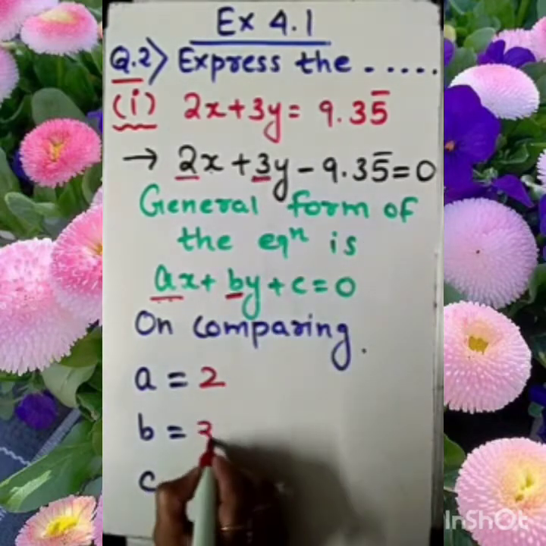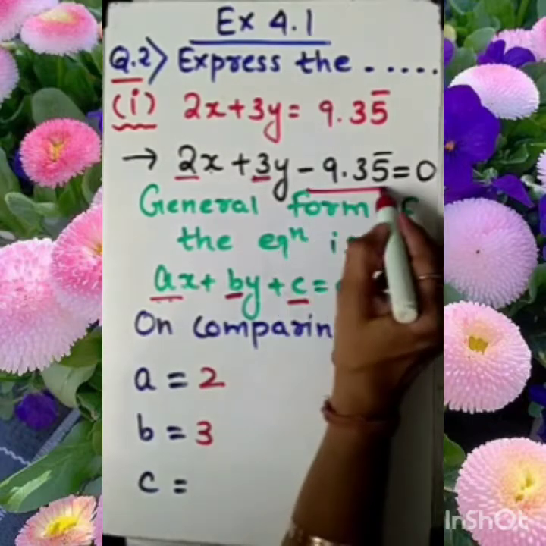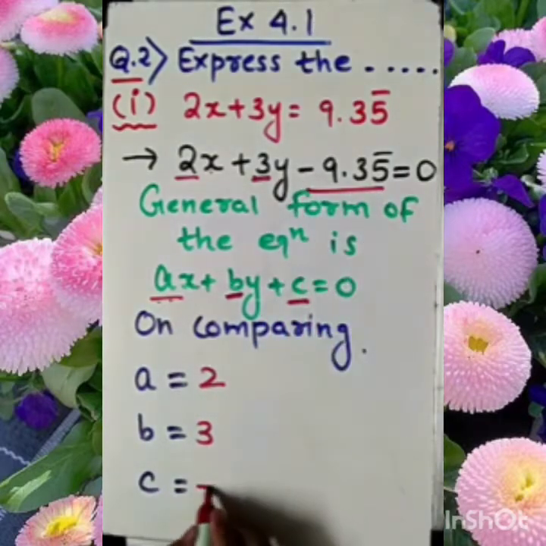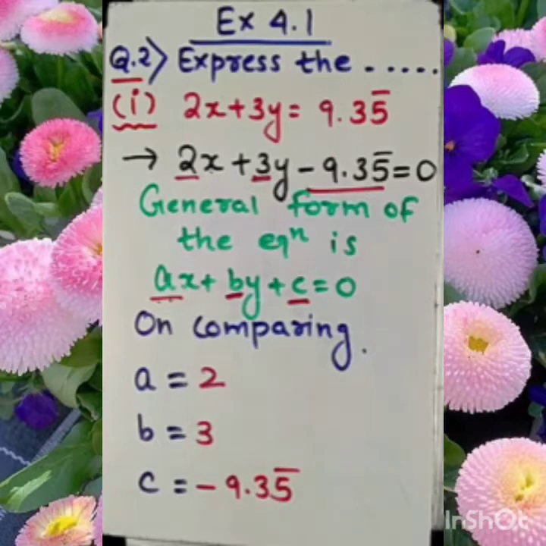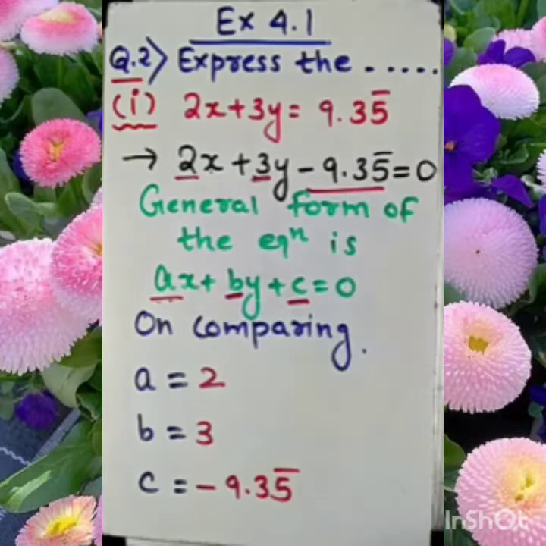That will be 3. If I compare this constant term with c, along with the sign, it will be minus 9.35 bar. Okay, so this is the required result. Clear to you, dear student? As I brought this term to this side, it is becoming minus.